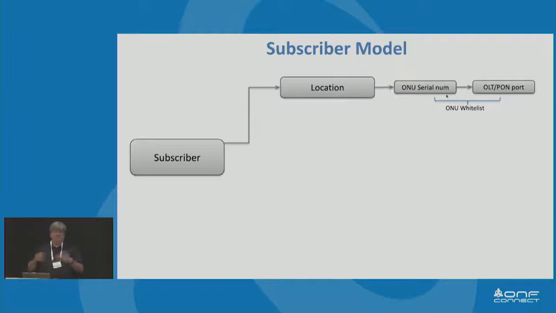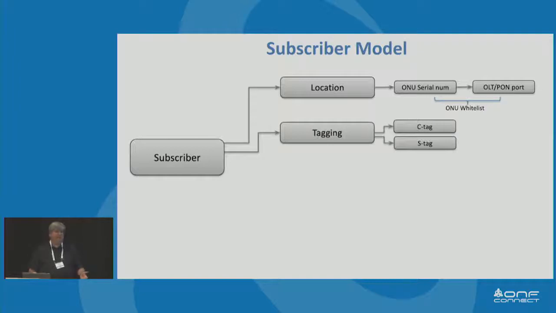But that is the location. So that validates a subscriber's specific ONU on a specific PON port, not just any ONU and not just attached to any random PON port. A subscriber also has tags. So he has an S tag and a C tag. Those tell how to route his packets through the OLT and through the aggregation switch.